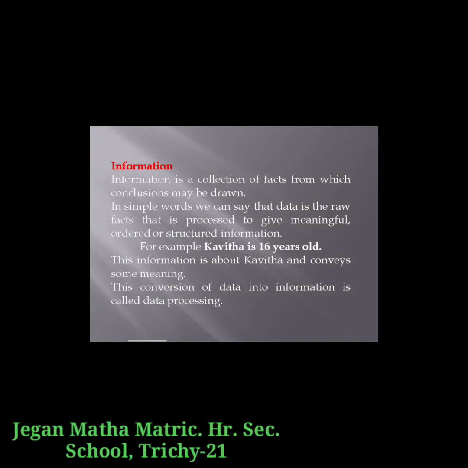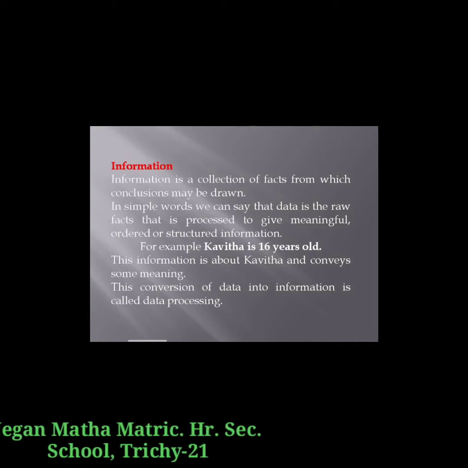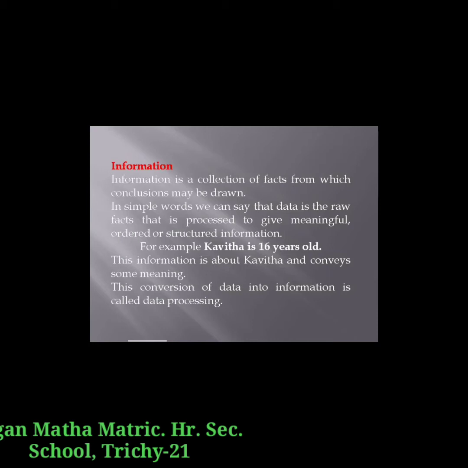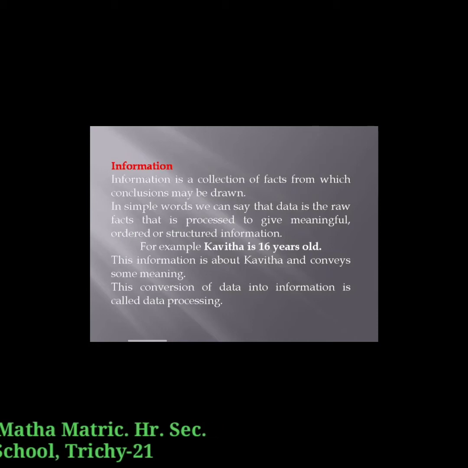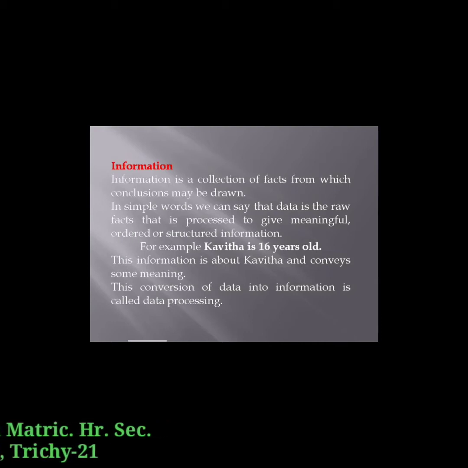When we frame a sentence, Kavita is 16 years old, this is information about Kavita and conveys some meaning. This conversion of data into information is called data processing. We collect all the data, process it and produce some meaningful output. The output is called information. These processes are called data processing.